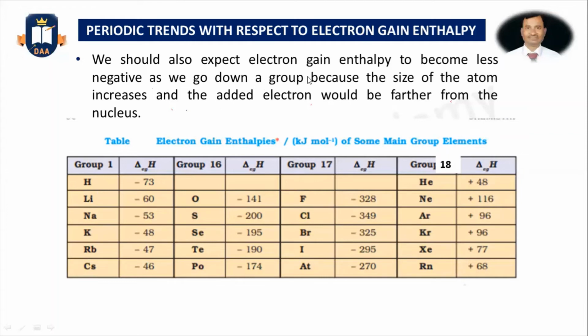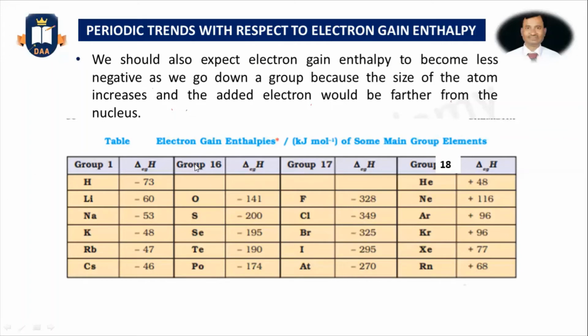And that is the reason the electron gain enthalpy will be less negative along the group, if you go with the elements from top to bottom. And here also you can see for hydrogen it is minus 73. Lithium further reduced, that means minus 60, less negative. Sodium, again less negative, minus 53, and so on.